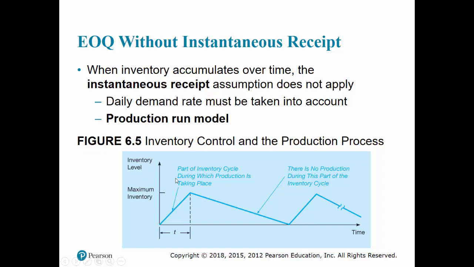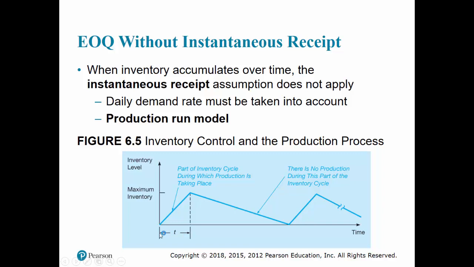But this will work even for vendor orders if the vendor ships the order quantity gradually over a period of time. So what happens here is, instead of the inventory jumping up to Q in one instant, it rises gradually over a period of time over which the quantity ordered is taken into stock.